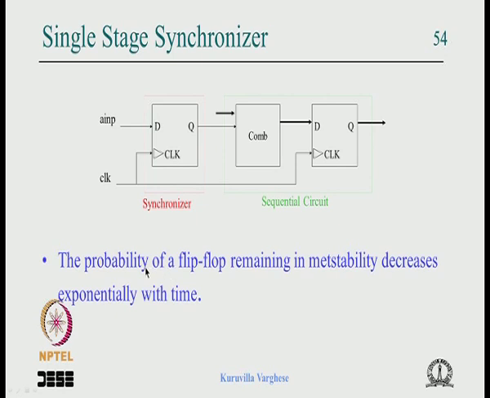The fact is that the probability of a flip flop remaining in metastability decreases exponentially with time. That means if this synchronizing flip flop gets into metastability, as the time passes, the chances of it coming out become exponentially more. So every nanosecond you give extra, it's an exponential increase in the probability of it coming out of the metastability.